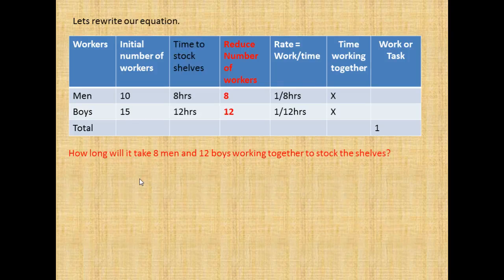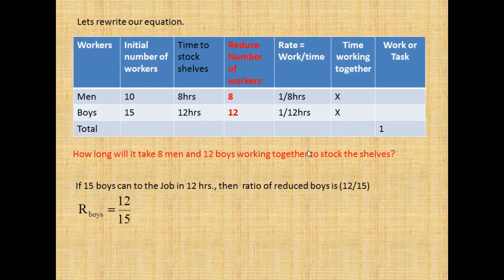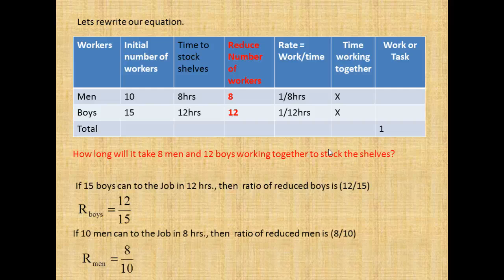So the question is, how long will it take 8 men and 12 boys working together to stock the shelves? If 15 boys can do the job in 12 hours, then the ratio of reduced boys is 12 over 15. And if 10 men can do the job in 8 hours, then the ratio of reduced men is 8 over 10.